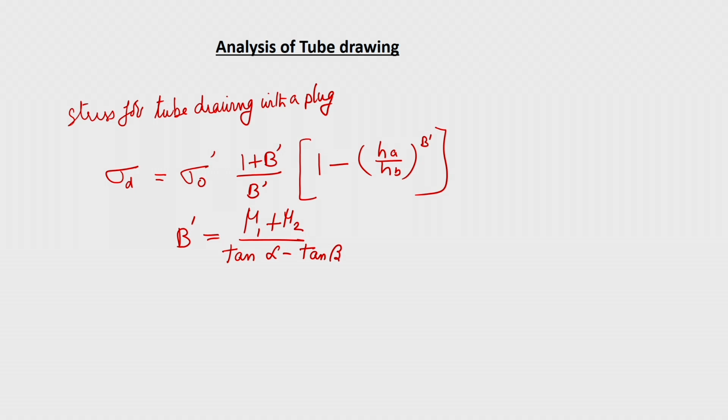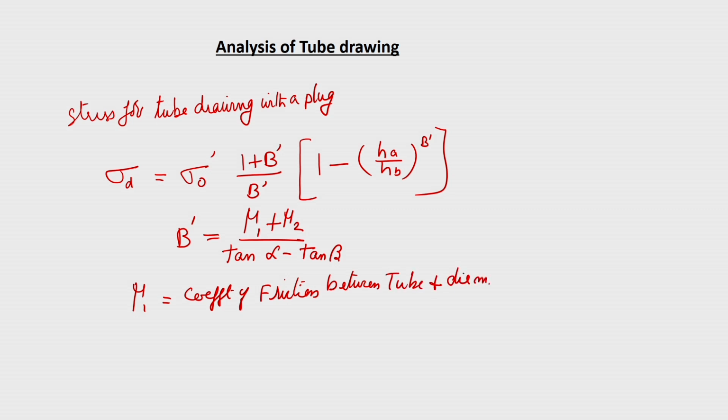So, mu 1 is equal to coefficient of friction between tube and die material, and mu 2 is the coefficient of friction between your tube and the plug.